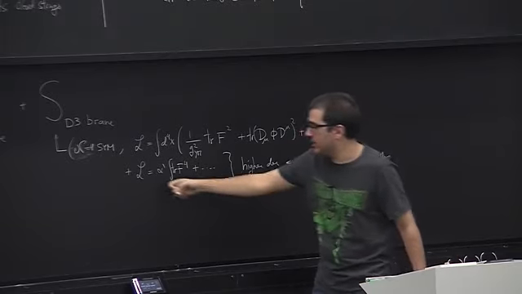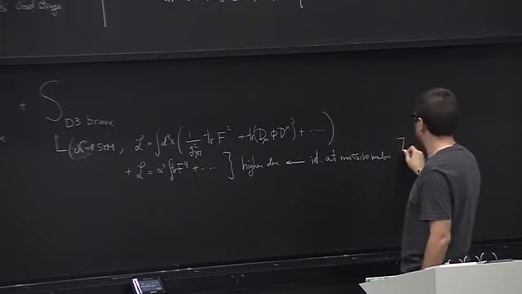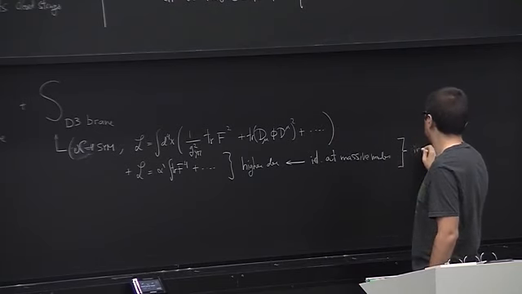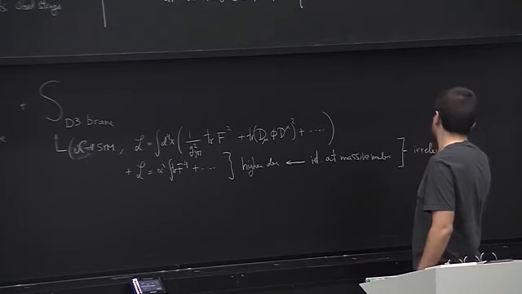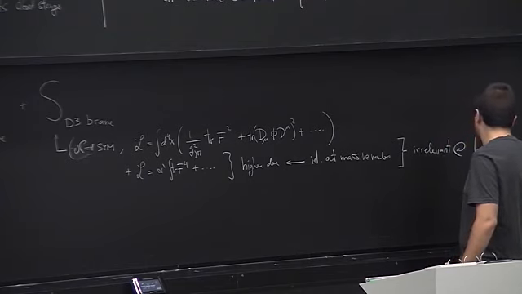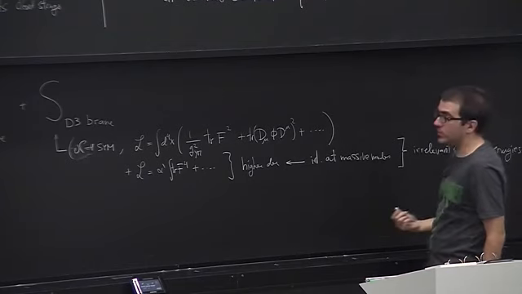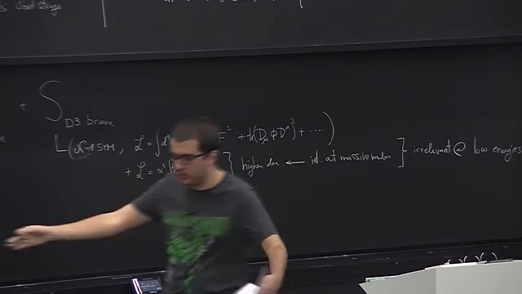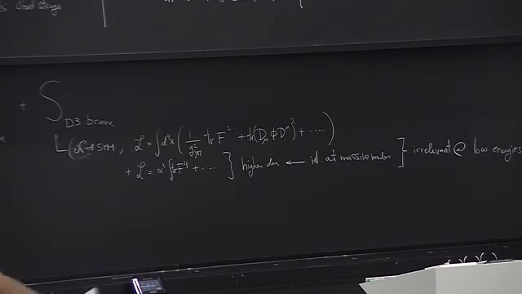Again, alpha prime is dimensionful, and all this junk is irrelevant at low energies. This is what we saw in lecture 1: as you go to very low energies, you just have a CFT given by your massless modes, which are Yang-Mills.